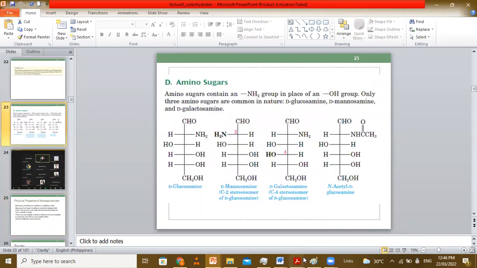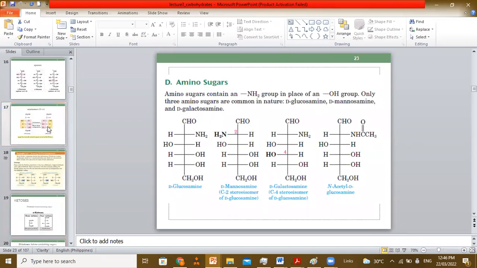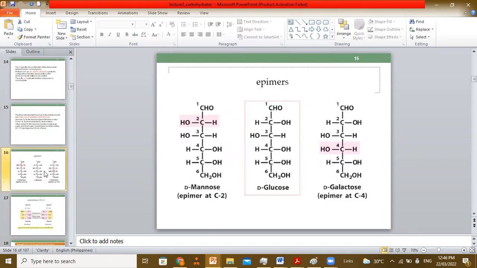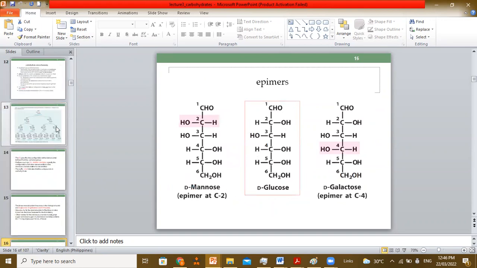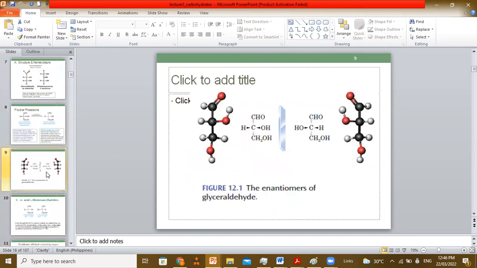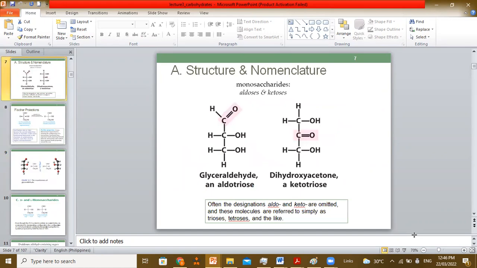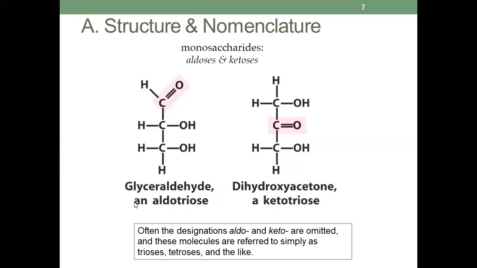So last meeting we talked about carbohydrates, and we learned about the structures of the carbohydrates. We learned that there are functional groups that you can see in carbohydrates, right? There are two kinds of carbohydrates, where you have the aldehyde functional group or where you have your ketone.